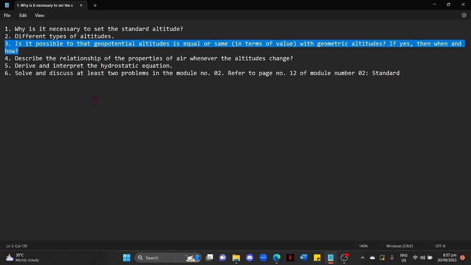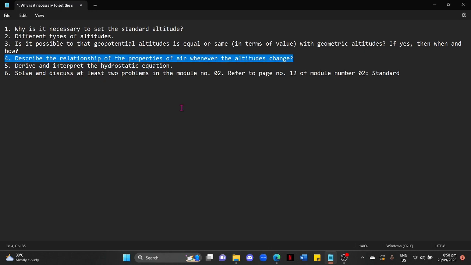So, somehow at sea level, equal sila, but as the altitude increases, nagva-vary na yung values nila, especially since the geopotential altitude is affected by the gravity itself. Kaya nga lahat ng given natin, geopotential altitude yung ginagamit natin, lahat ng problem natin. Not all, but mostly.